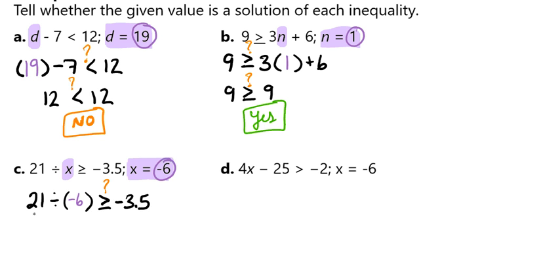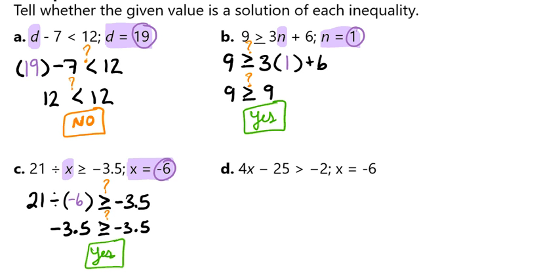If we take 21 and divide that by negative 6, we get the value negative 3.5. So we want to know, is negative 3.5 greater than or equal to negative 3.5? And our answer is yes.